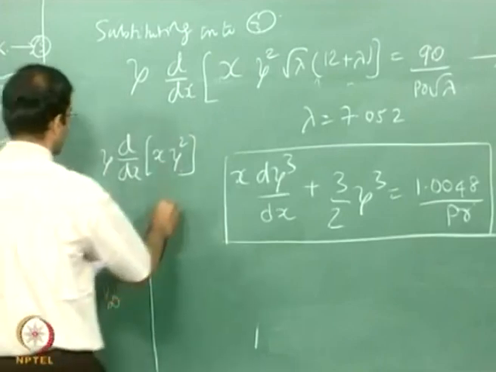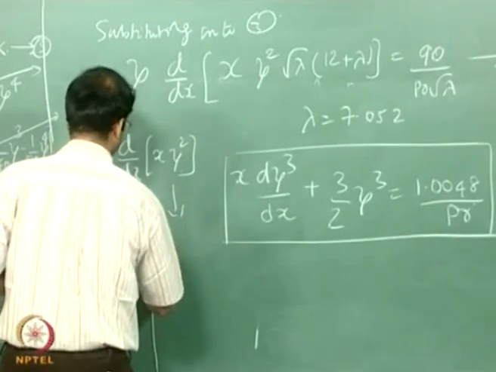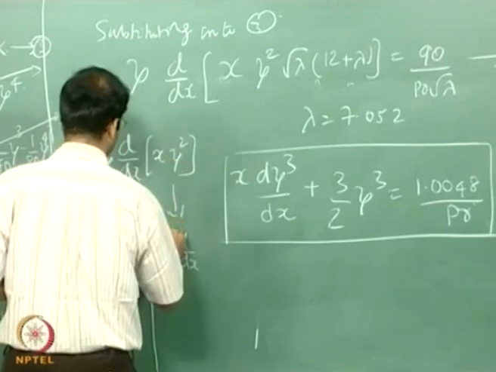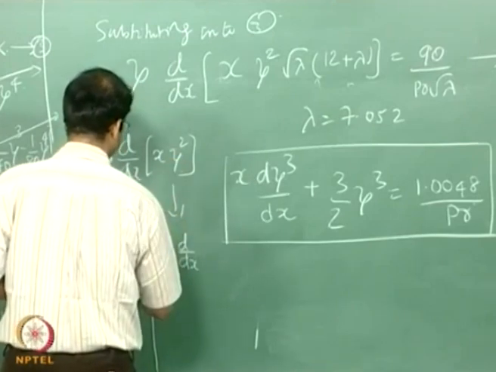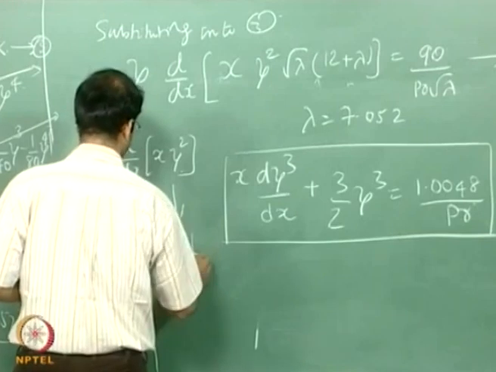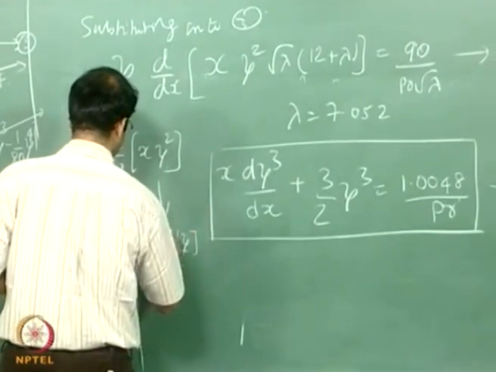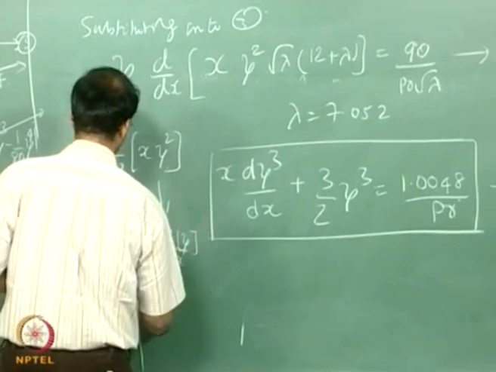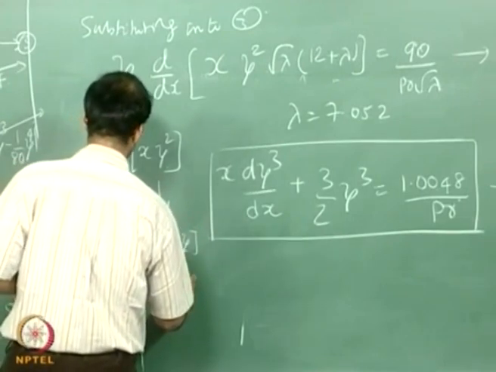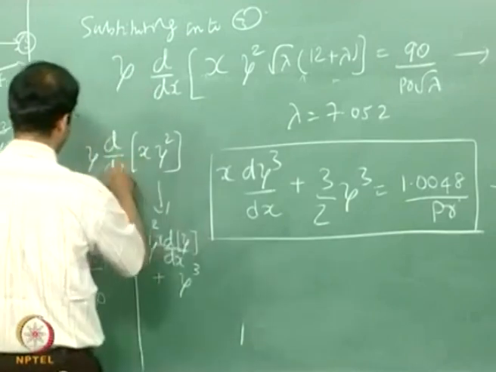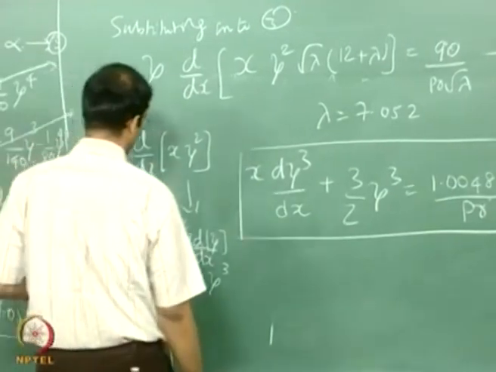So zeta d by dx, I can take zeta cube, so this is 2 zeta into zeta square, zeta into x, plus I can write this as zeta cube into d by dx of x, which will be 1.